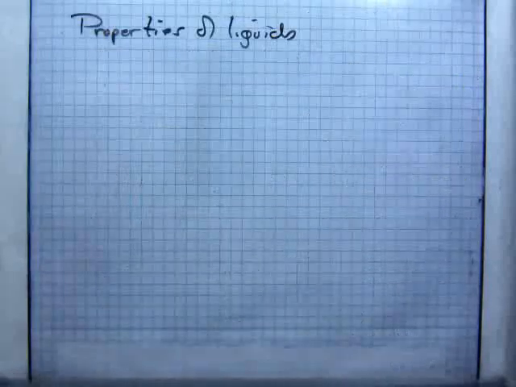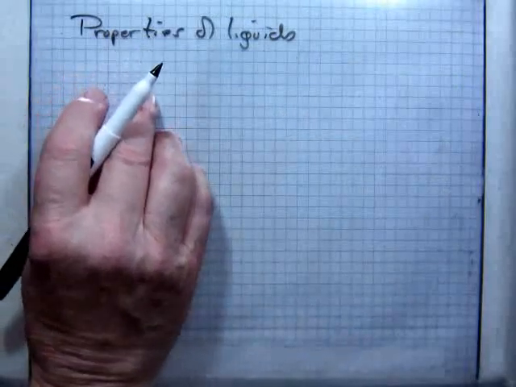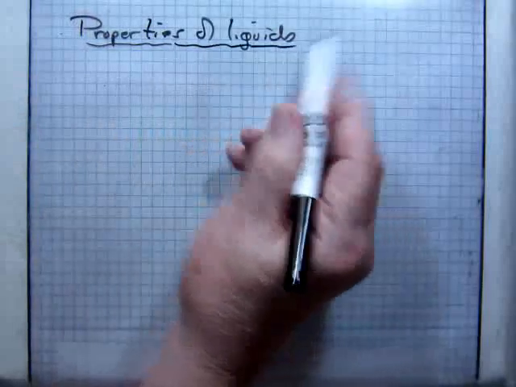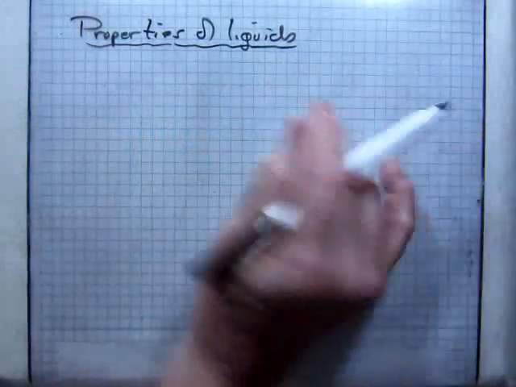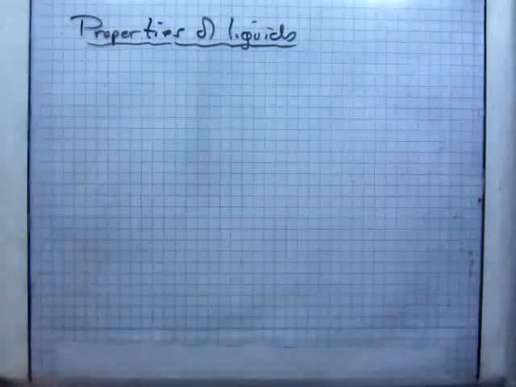Okay. Properties of liquids. When we talk about liquids, of course, they take on the shape of whatever container they're in, but they also have what is known as surface tension and viscosity.